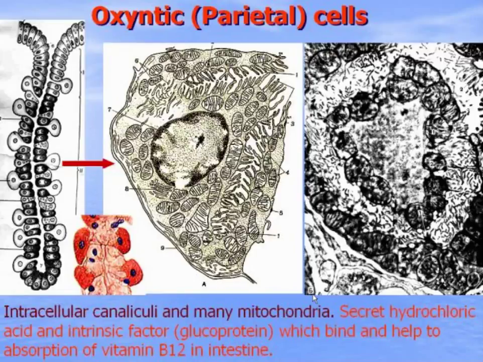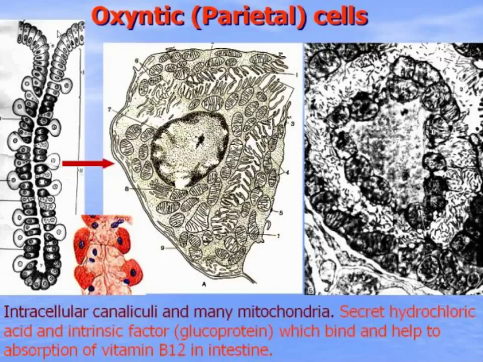Oxyntic cells produce protons and chloride ions. They release them into the intracellular canaliculi. They contain a lot of microvilli, and these ions go into the intercellular canaliculi and are released into the lumen of the gland and then into the lumen of the stomach.